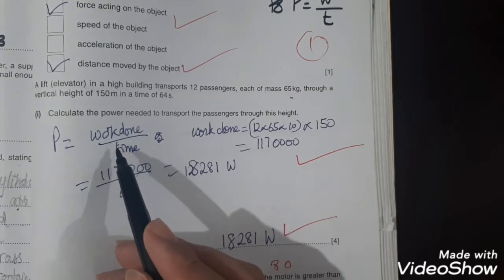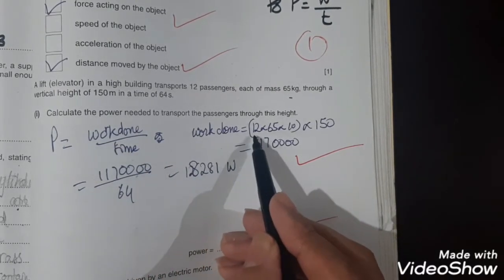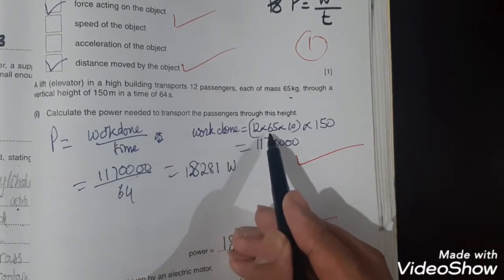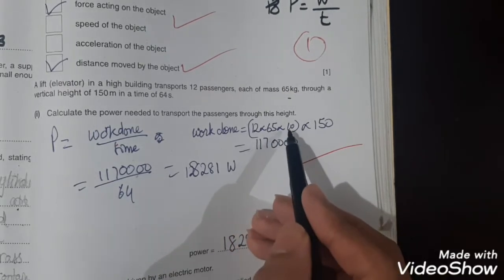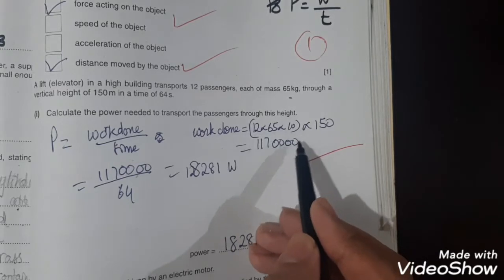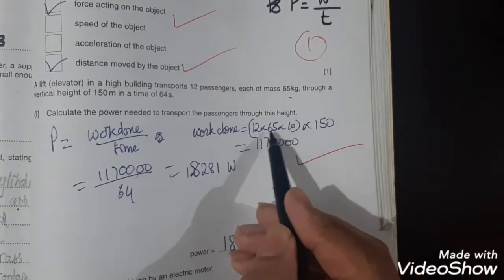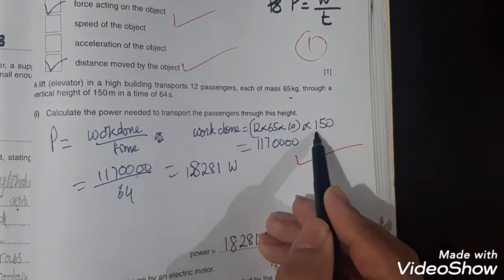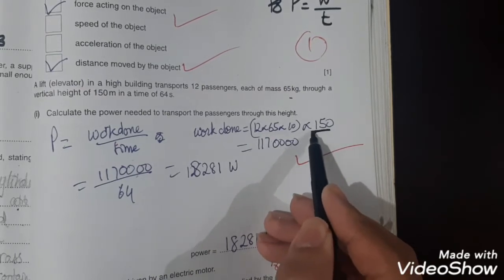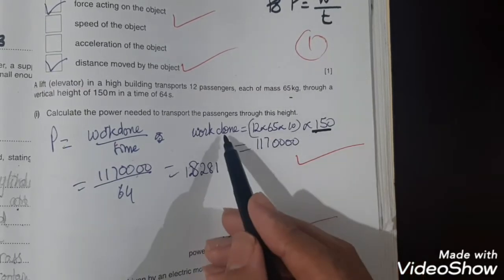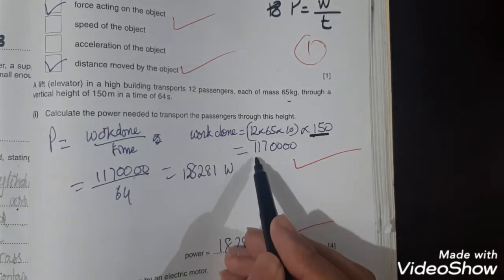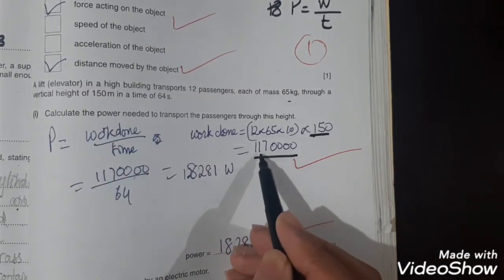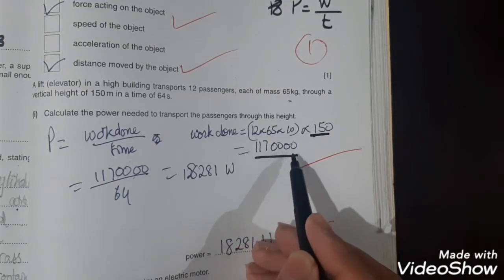So work done is equal to 12, the number of passengers, multiplied by the mass of each passenger, multiplied by the gravitational force, which is 10, multiplied by 150, because we will calculate the work done through the height of 150 meters. So the answer of work done is 1,170,000.